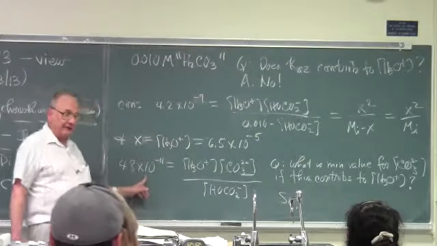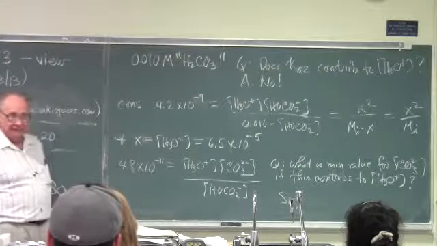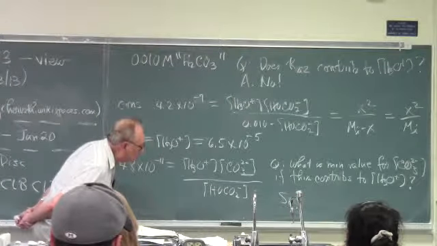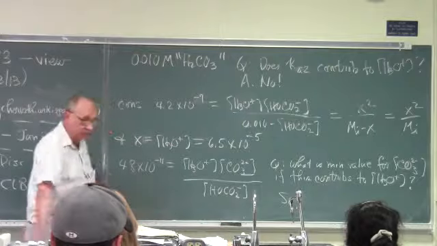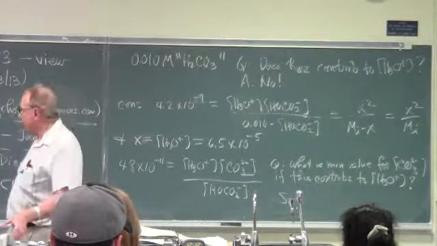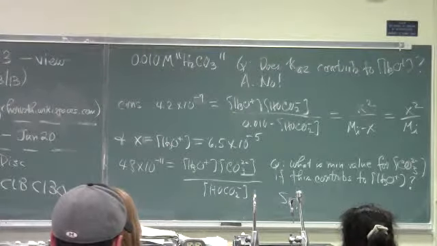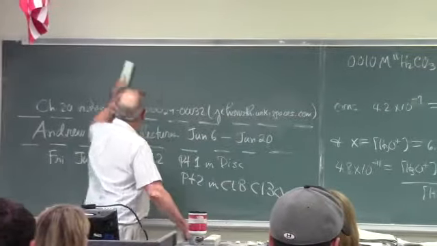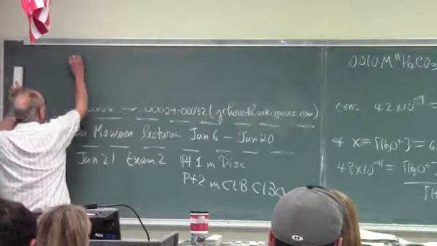So let's write Ka2. Here it is. Question. What's the minimum value for the carbonate molarity if this also contributes to the hydronium ion concentration? Here's the chemistry we're looking at.